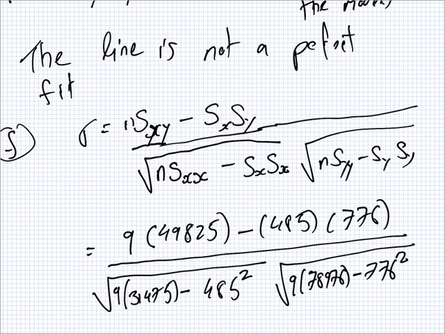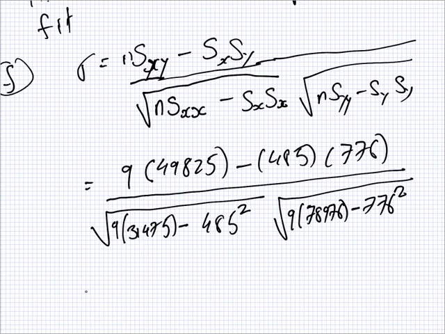Right, so somebody typed this in already? What did you get? Not typed in yet? Okay, let's type it in. So 9 times 49825 minus 485 times 776, over square root of 9 times 31475 minus 485 squared, times square root of 9 times 78976 minus 776 squared.